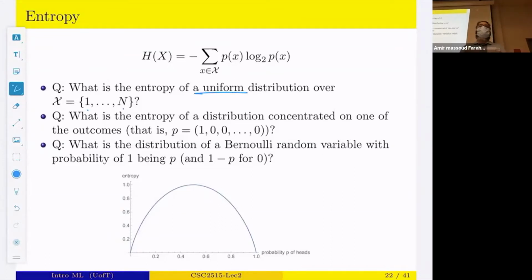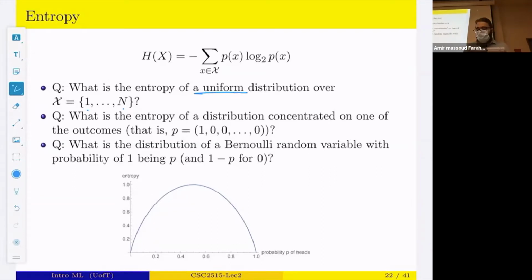If we have a random variable that can take values between 1 and N, and the probability of each is uniform, what would be the value? Log N, right? Yeah, okay, that's good.